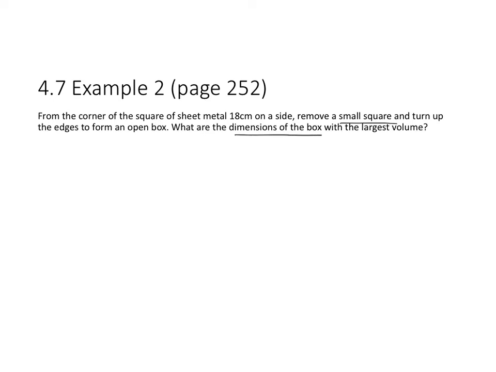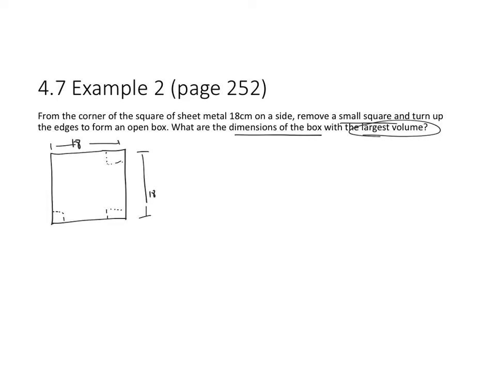So we're looking for the dimensions of the box for the largest volume. So again, first we're going to draw it. So there's my piece of sheet metal. It's 18 from one end to the other, and on this side as well. Now we're going to cut these little squares out here, and then we're going to fold it up and make an open box.